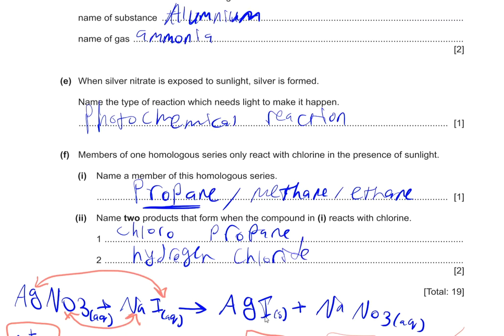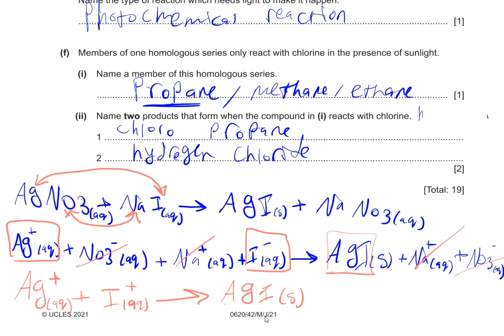And be careful, guys, with this question, because if you say hydrochloric acid, that would be counted as a wrong answer, because the acid should be dissolved in water, which is not the case for hydrogen chloride that is formed from this reaction. It's just a gas, so it wouldn't be an acid. Therefore, hydrochloric acid is a wrong answer.